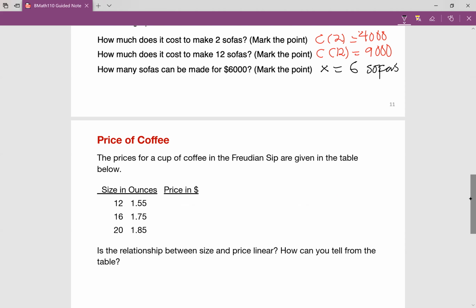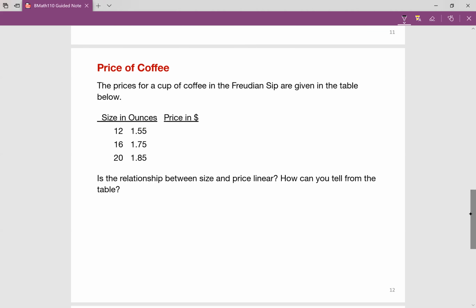Now move down. Price of coffee. The price of a cup of coffee in the Floridian seat is given in the table below. Why don't we have the price here?